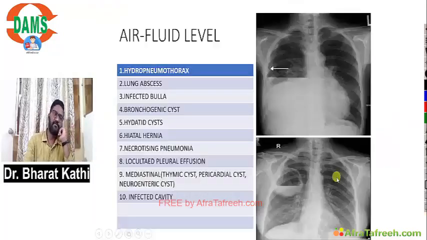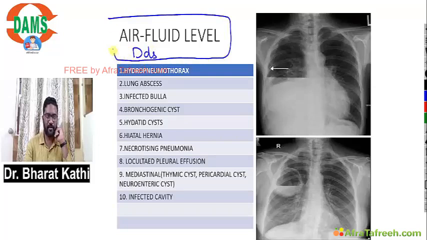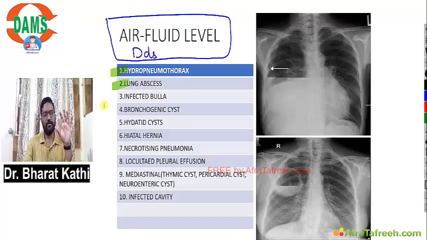Then what are the differential diagnoses of air fluid level? This again they can ask you. So this is also an exhaustive list. We have seen lung abscess and hydropneumothorax, any area of cavity which can get filled with fluid.